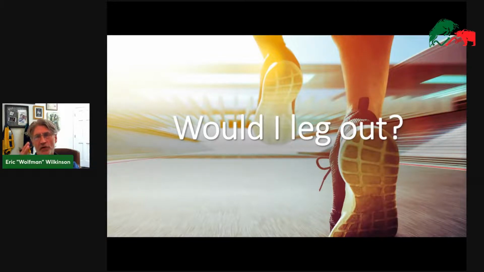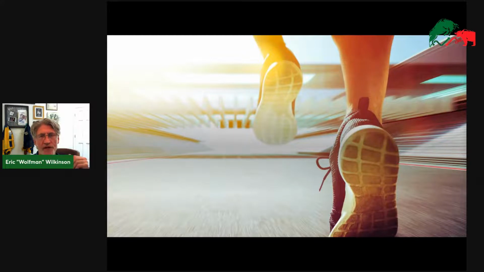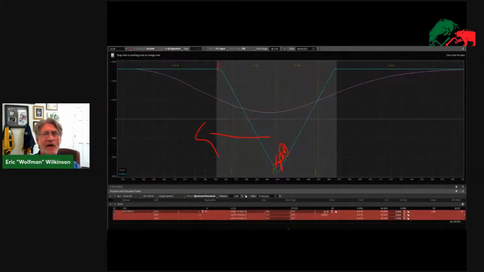Now, with the iron condor, the iron butterfly, yes, I would say you could do that. This one, you could as well. I wouldn't necessarily recommend it because I wouldn't want to ride this strategy out long enough for that to need to happen. As a matter of fact, with this strategy, I'm looking at this underlying, $26.